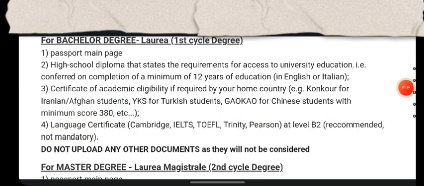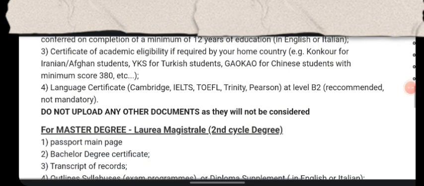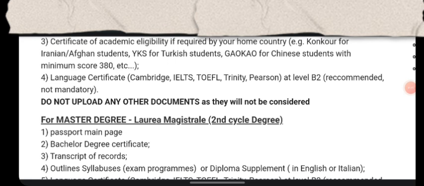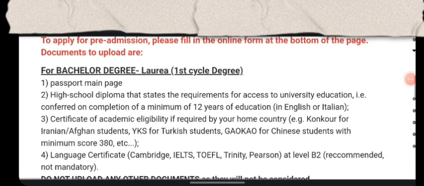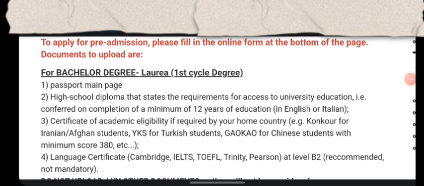This information, you need to make sure you take very seriously. Okay, so please do not upload any other documents as they will not be considered. So if you are not asked to upload any documents and you go ahead to upload them, it doesn't count for anything.